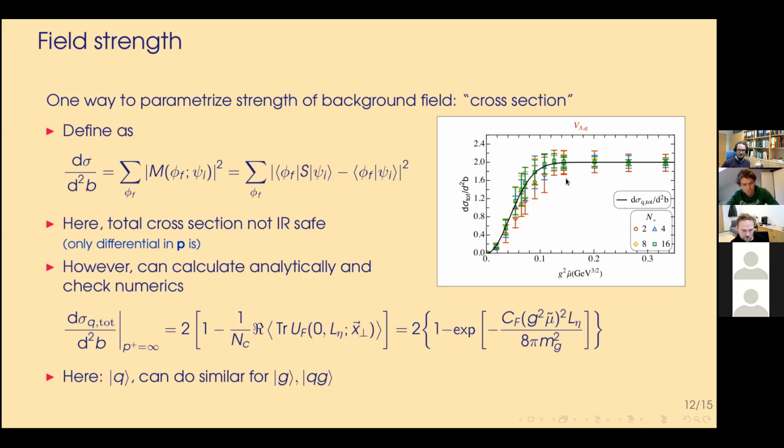And if your outgoing quark has a different color than the incoming quark, that counts as a scattering. But it's a scattering with 0 momentum. It's maybe not a scattering you're interested in from the point of view of physics, but in the formal definition of the cross section, that counts as a scattering. And we can follow these explicitly color by color if we want.